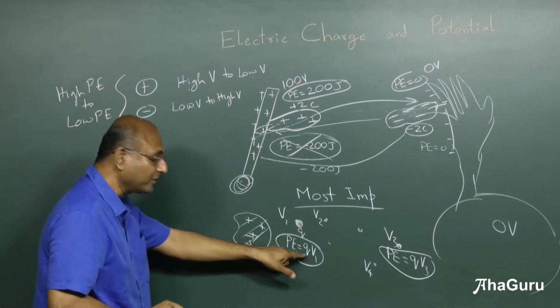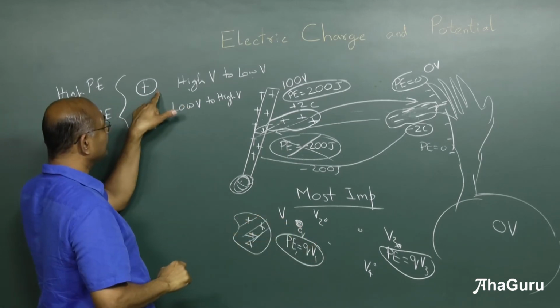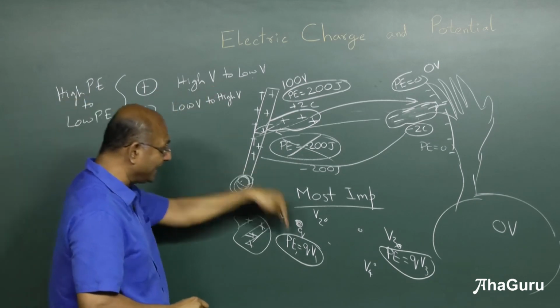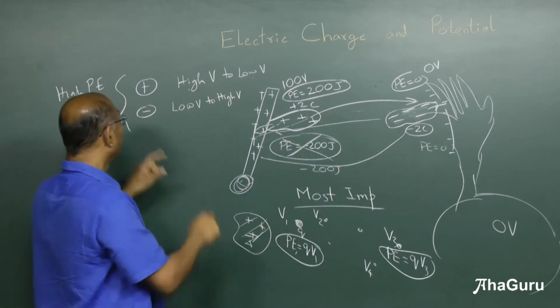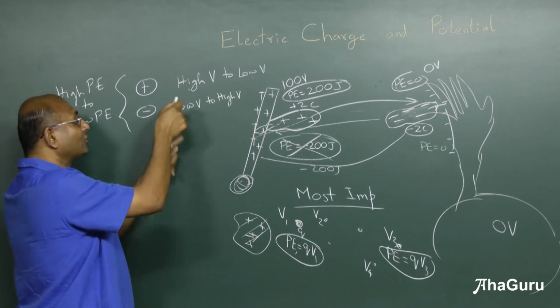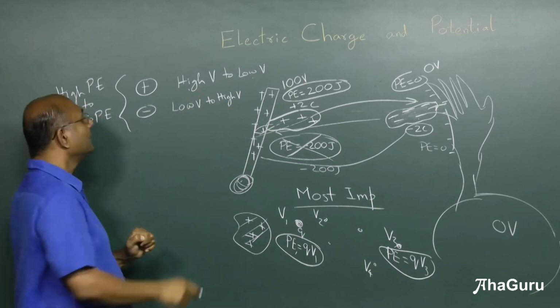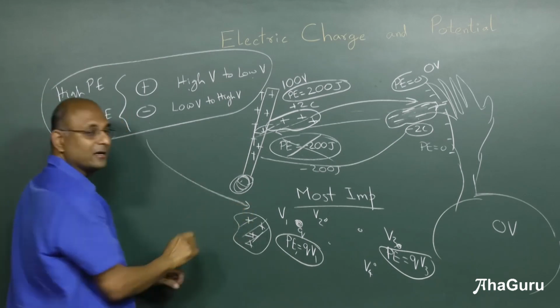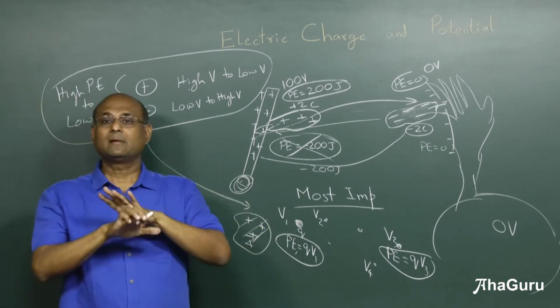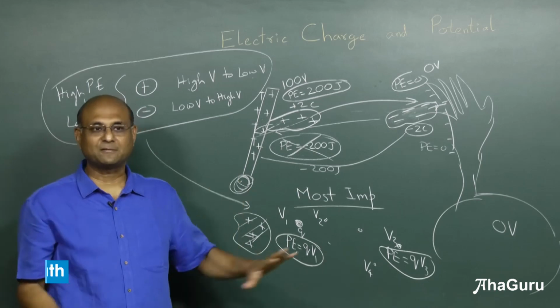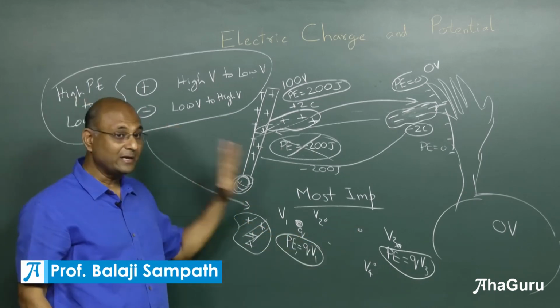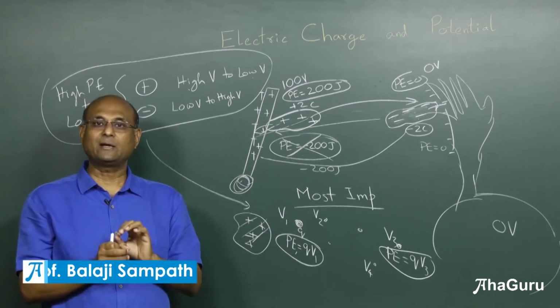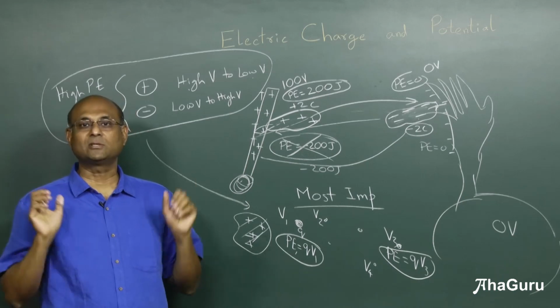But because you are doing Q times V, it means if it is positive, it also means high V to low V. Whereas for negative, it means low V to high V. So this and this statement together basically is going to determine a lot of stuff that we are going to study. So I want you to really understand this well. The best way to do this is to apply it to a whole bunch of questions.